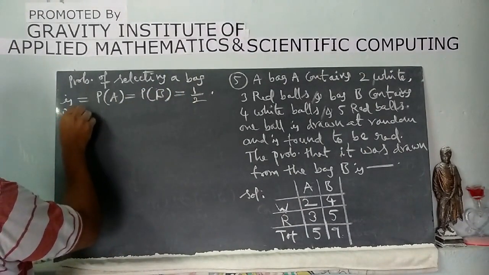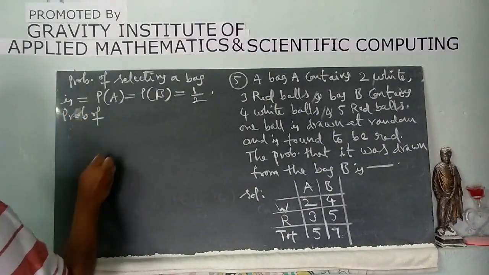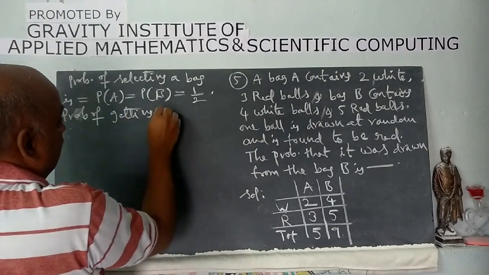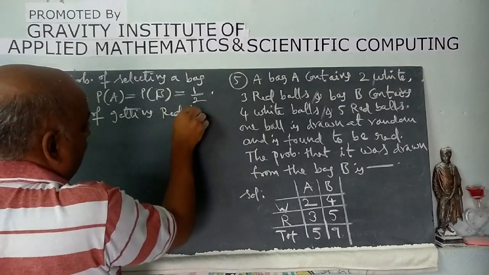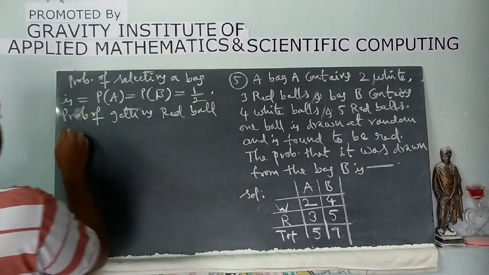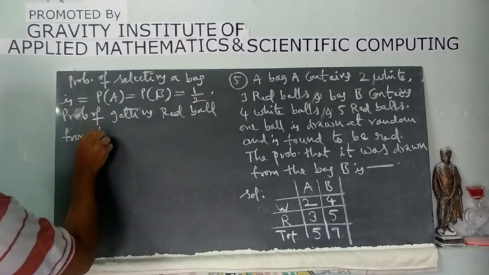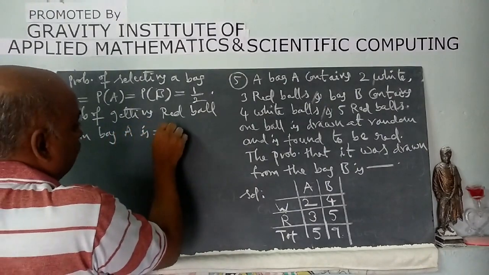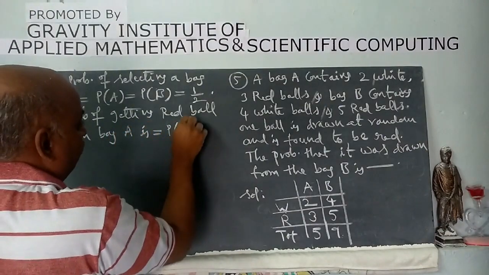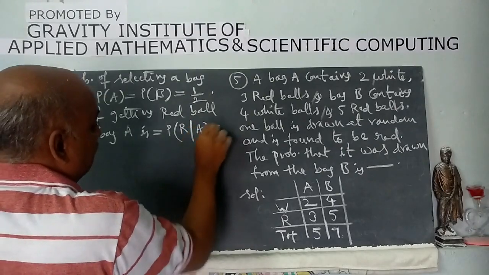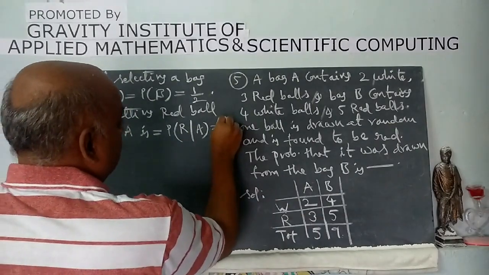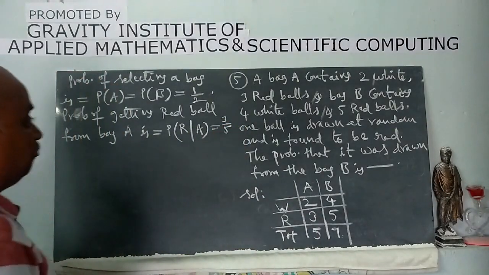Probability of getting a red ball from bag A, P of R given A, is 3 by 5.